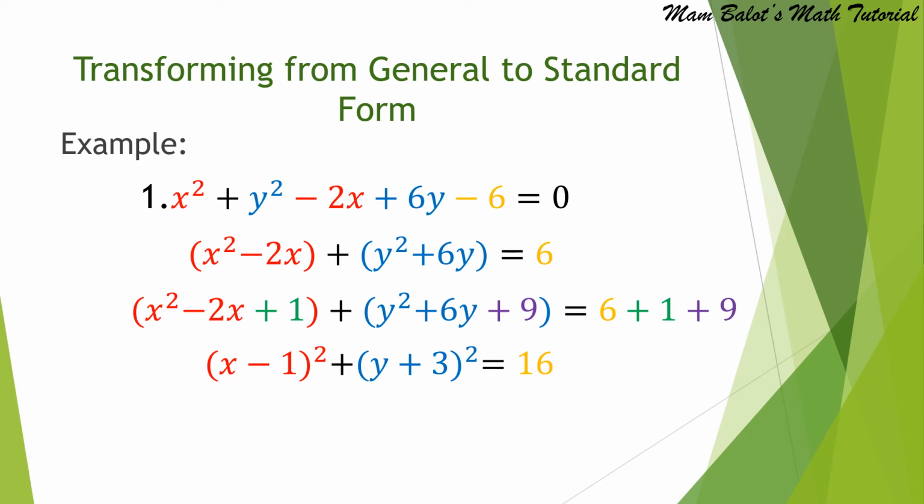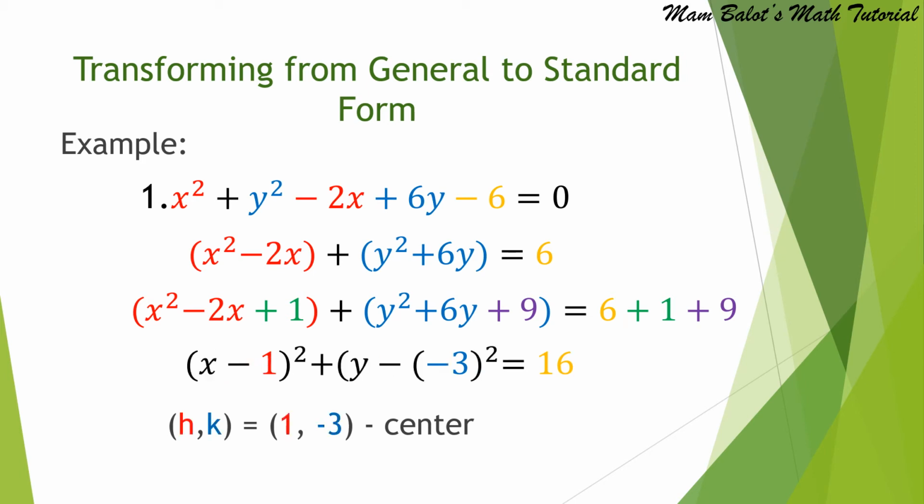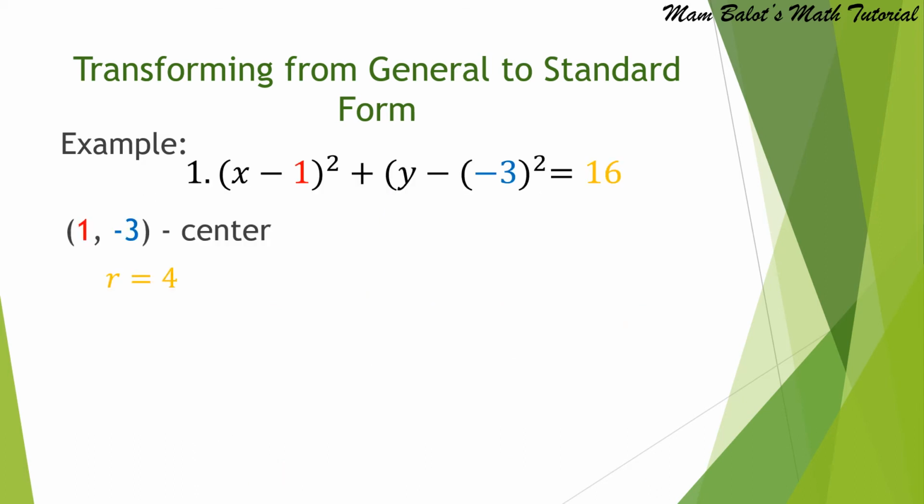So this becomes now the standard form of the equation of the circle, in which our h, k, or the center, is 1, negative 3, because y plus 3 can be expressed as y minus negative 3. And to compute for r, we have r squared is equal to 16. So we need to get the square root on both sides, and we get r is equal to 4. So from this equation, we have the center is 1, negative 3, and r is 4.